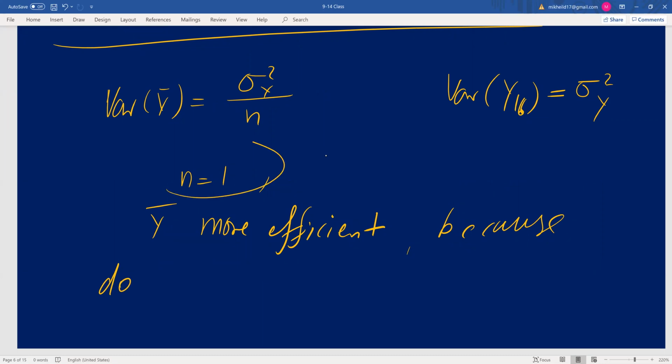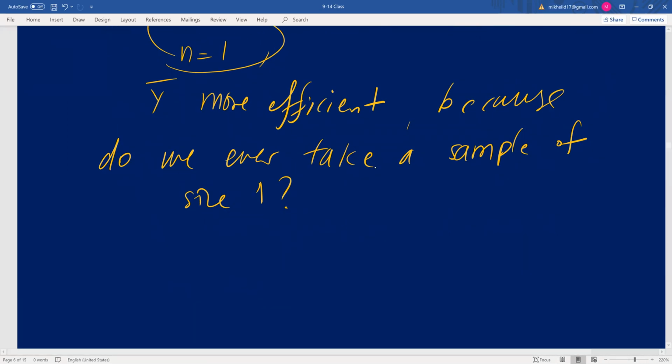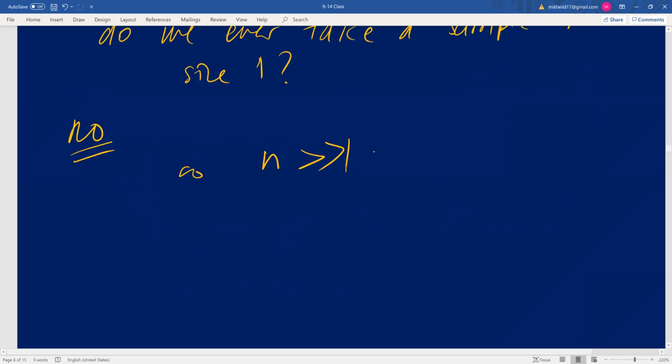But what if n equals 1? Then they are equally efficient. Now, a rhetorical question: do we ever take a sample of size 1? No. So n is always greater than 1, and it is much more than 1. Because of that, y bar is always more efficient than any yi.